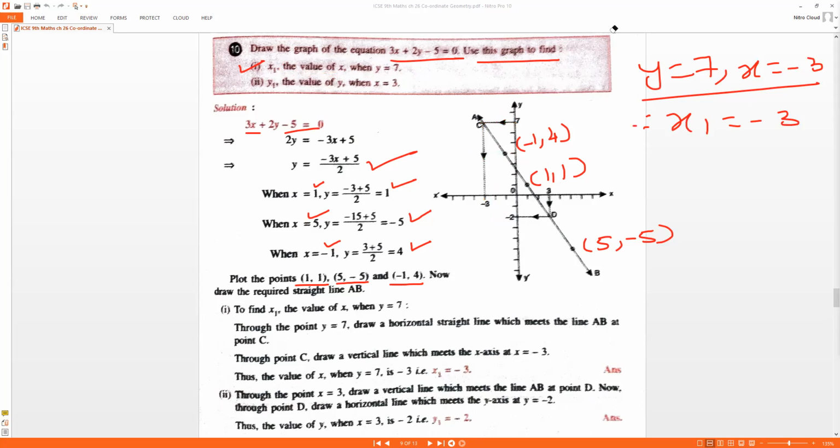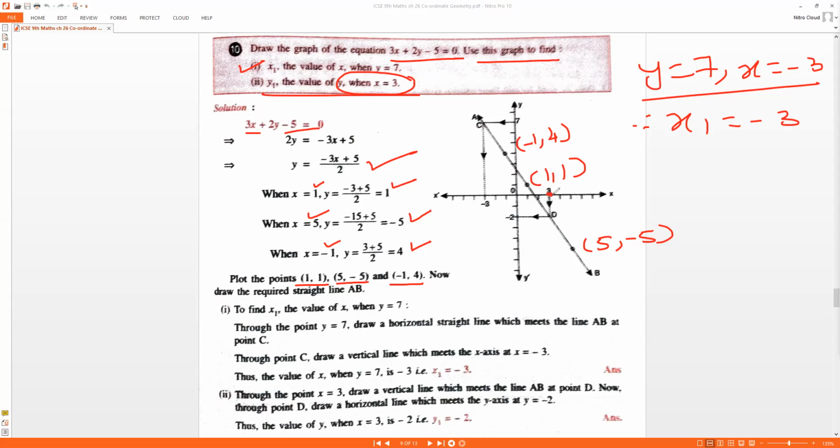Next sub question. Find y1, the value of y when x is 3. Where will you start? X is equal to 3 means you look at the point 3, 0 on the x-axis.